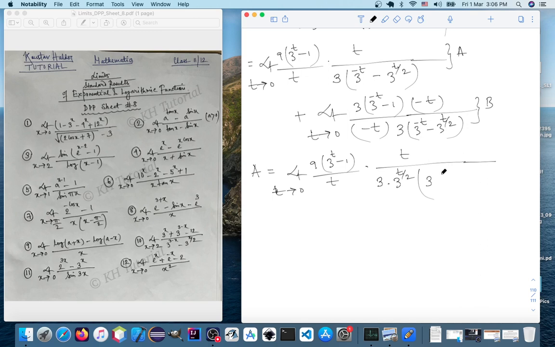So this becomes minus t minus t by 2 minus 1, and this 3 to the power t by 2 will not create a problem because it will be 1 when we substitute t equals to 0.